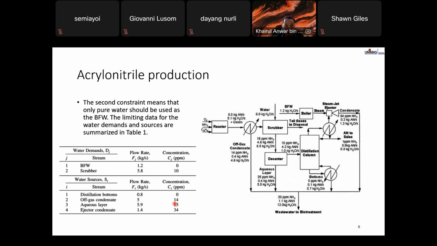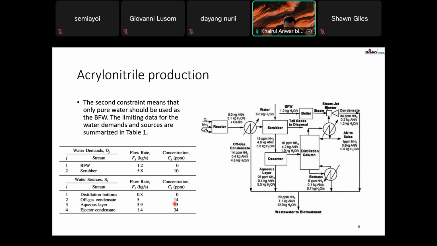The second constraint means that only pure water should be used as the BFW. Constraint for BFW: there will be no AN content, there will be no ammonia content. Okay.